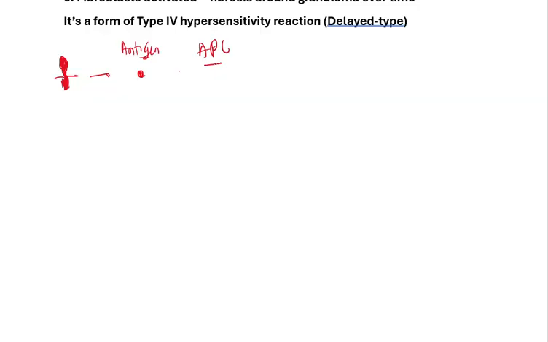And what are examples of antigen presenting cells? Examples include macrophages, B cells, and dendritic cells. So all these are examples of what? Antigen presenting cells. They're going to present the antigen to T cells.